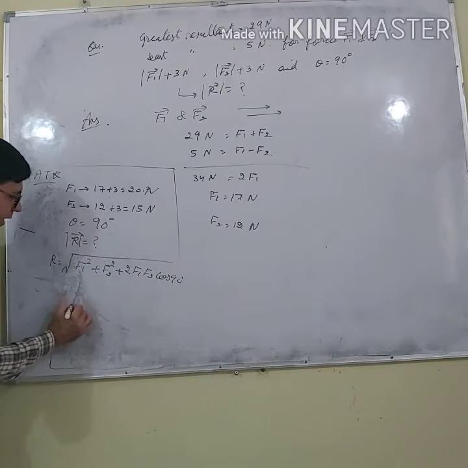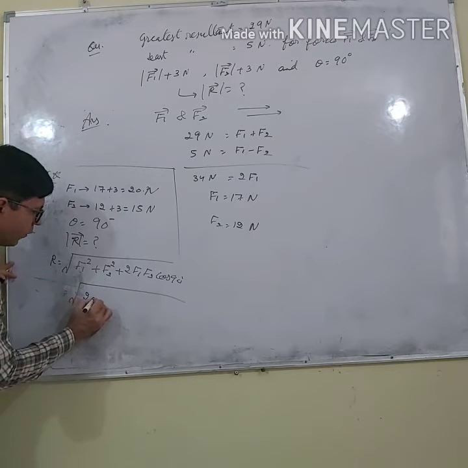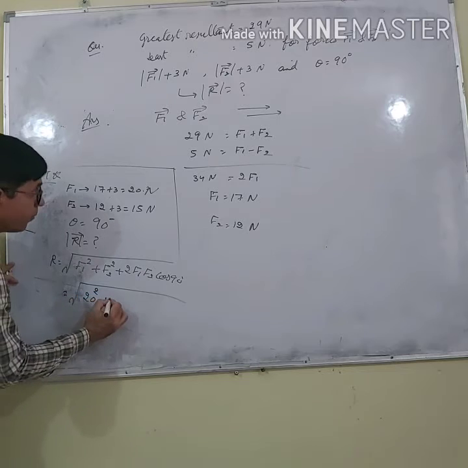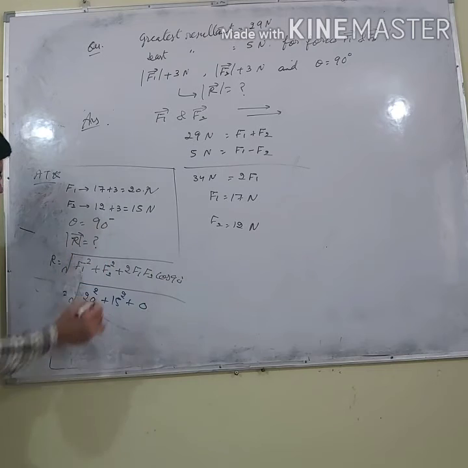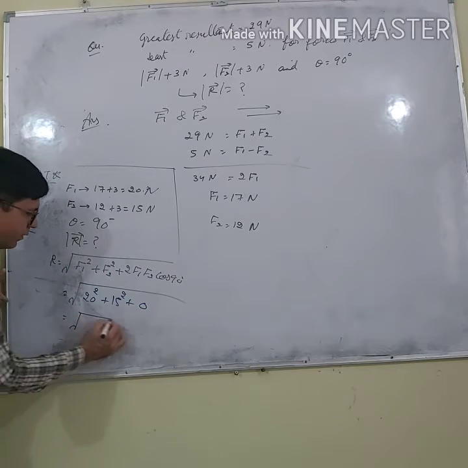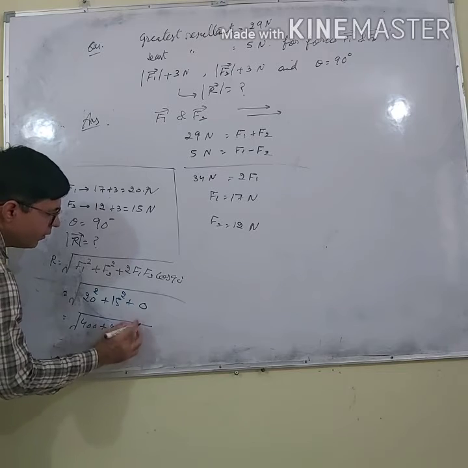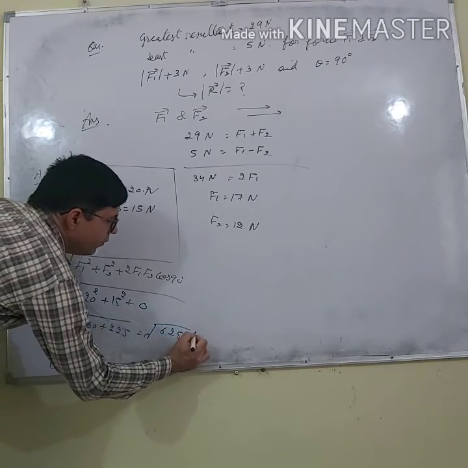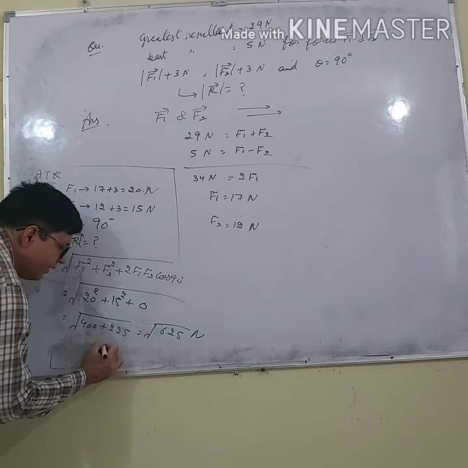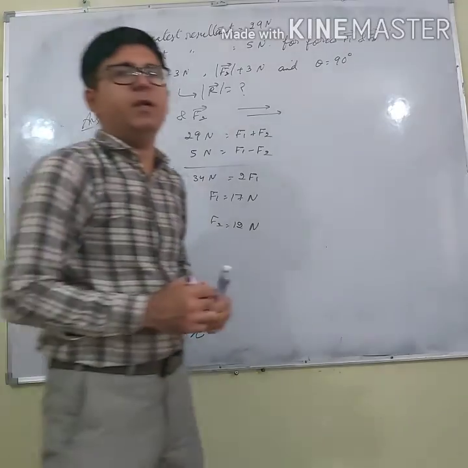So if I put in F1, it is 20 square plus 15 square plus 0 because cos 90 is 0. So 20 square is 400, plus 225. So the answer is under root 625 Newton. And under root 625 is simply 25 Newton. So the answer is 25 Newton.